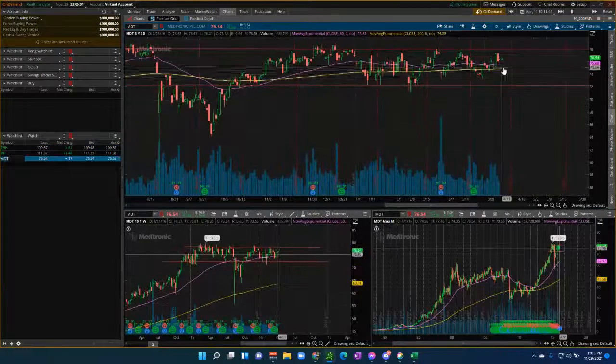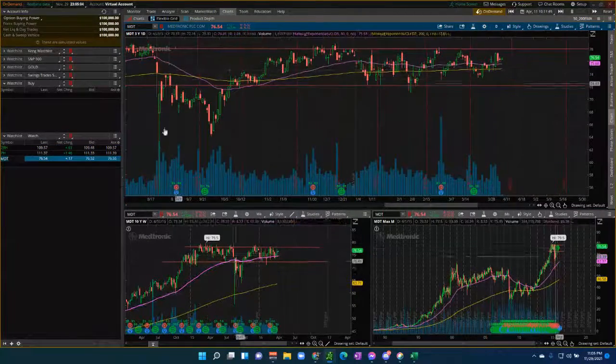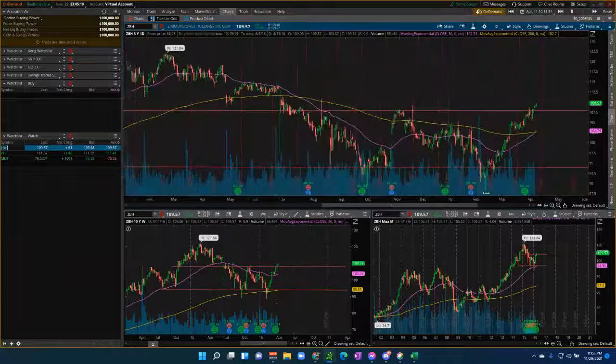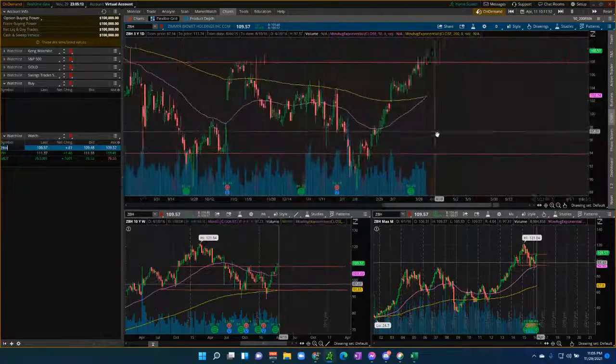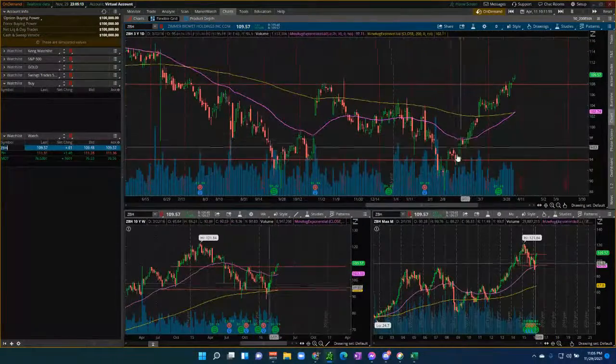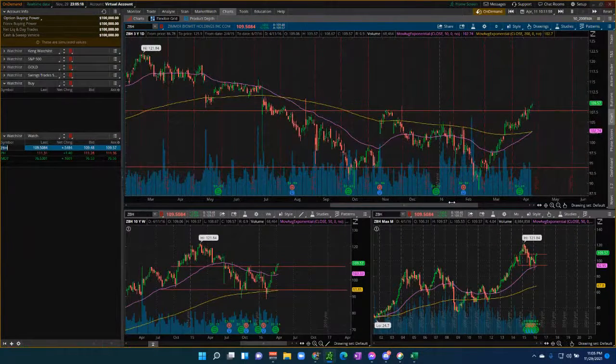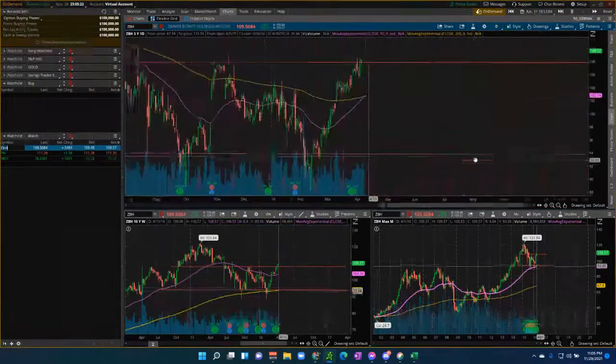Okay, so MDT definitely took a hit. Zbhdx hanging in there, doing well. I could take a position now if I want to. If I take a position now, as opposed to later, I could probably catch the run up.